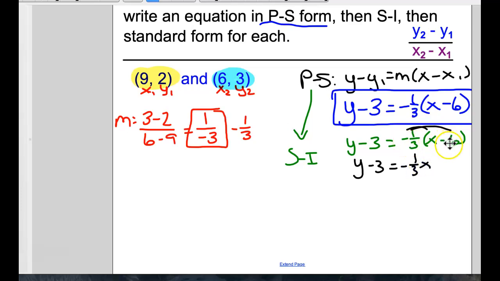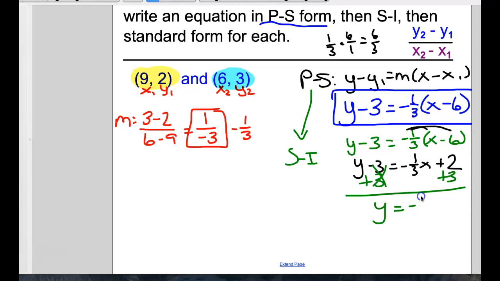A negative times a negative makes this a positive. 1/3 times 6, even though it's a fraction, we don't panic. It would look like this, 6 over 3, and 6 over 3 is 2. Then I get my y alone by adding that 3 over, and I would get y equals negative 1/3 x plus 5.